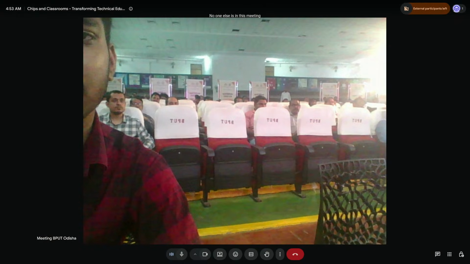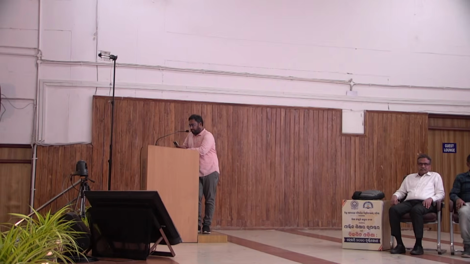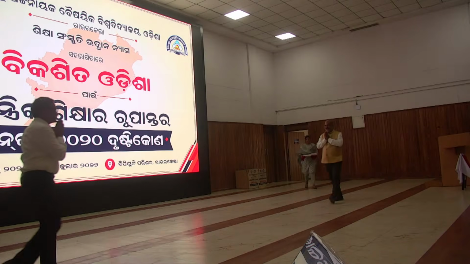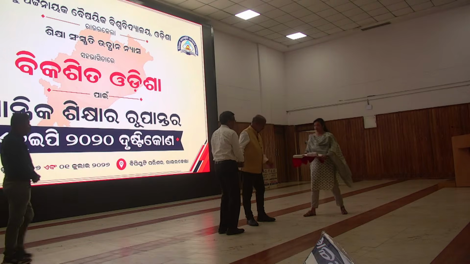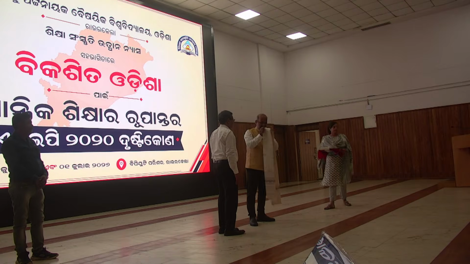So we shall now proceed with the felicitation of our distinguished dignitaries present on the dais. I humbly request our Honorable Vice Chancellor, Professor Amiya Kumar, sir, Biju Patnaik University of Technology, Odisha, to kindly come onto the stage and grace the dais. I request our Honorable Vice Chancellor, Sir, Professor Amiya Kumar, sir, to kindly felicitate Professor Akhil Ranjan Garg, Honorable Vice Chancellor, Bikaner Technical University, Bikaner, Rajasthan, with a token of appreciation.